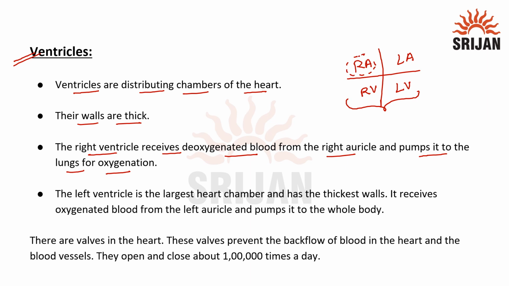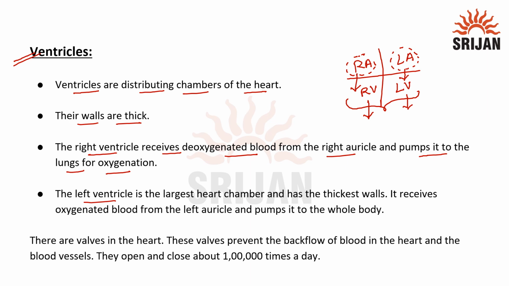Now this deoxygenated blood will move to right ventricle, and from the right ventricle it will move to lungs for oxygenation. We also know that oxygenated blood comes to left atrium, and from the left atrium it will move to left ventricle. From here it will move through aorta and it will reach the entire body.